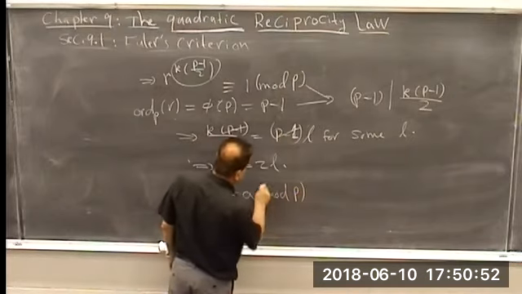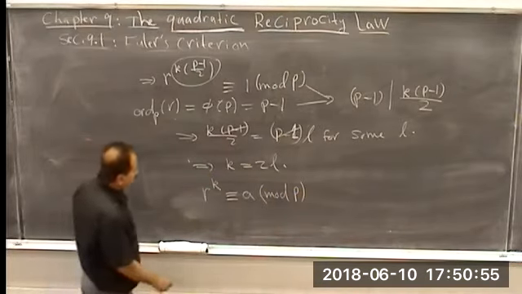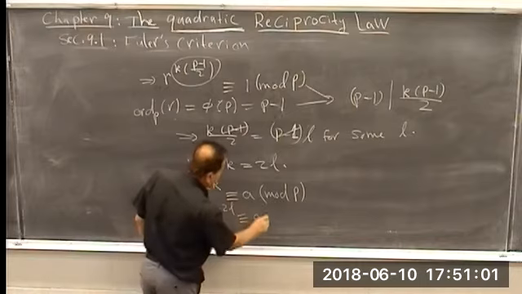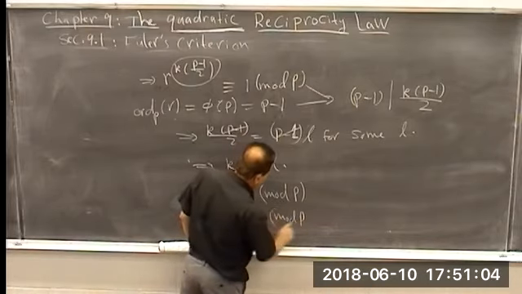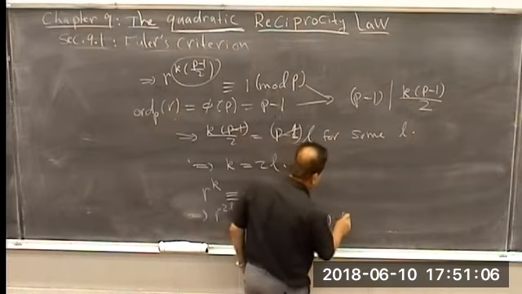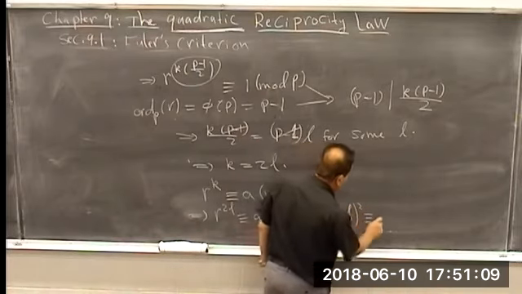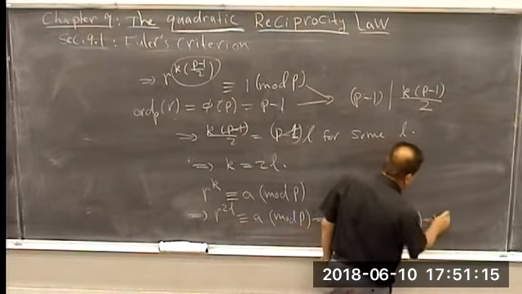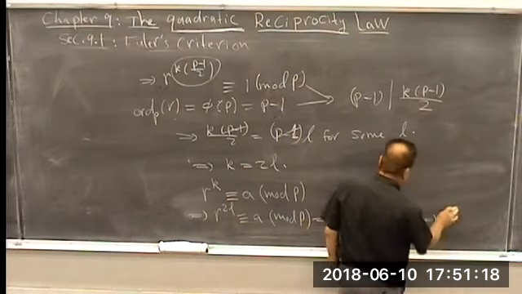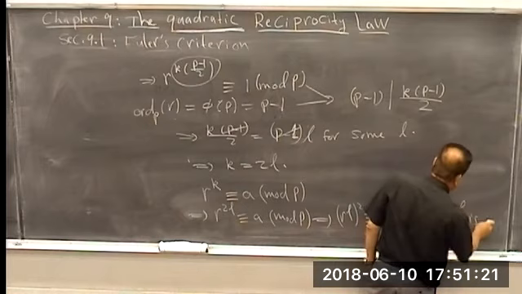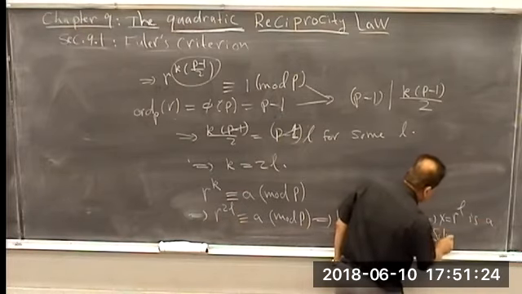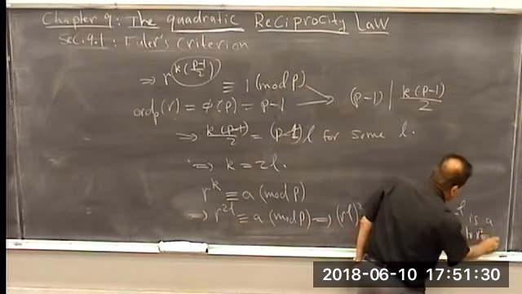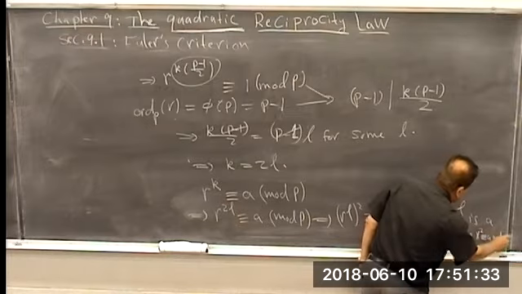Mod P. Now substitute for K, it becomes R to the power 2L is congruent to A mod P. Or rewriting this as R to the L, squared, is congruent to A mod P. And this means that X equal R to the L is a solution to X squared congruent to A mod P.